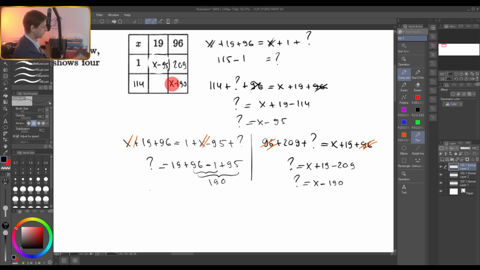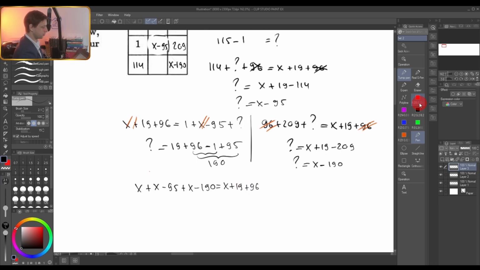So the sum in this diagonal is x plus x minus 95 plus x minus 190 equals x plus 19 plus 96. Immediately we can say that 1x here and here cancels out. On the left side we have 2x minus 285 equals, and on the right side we have 115.